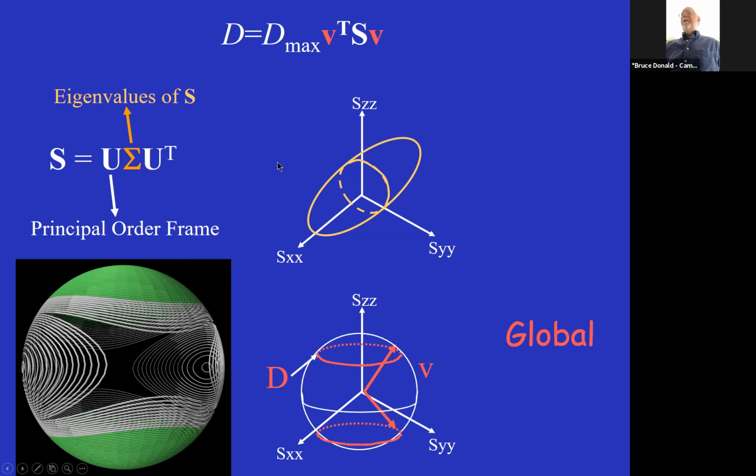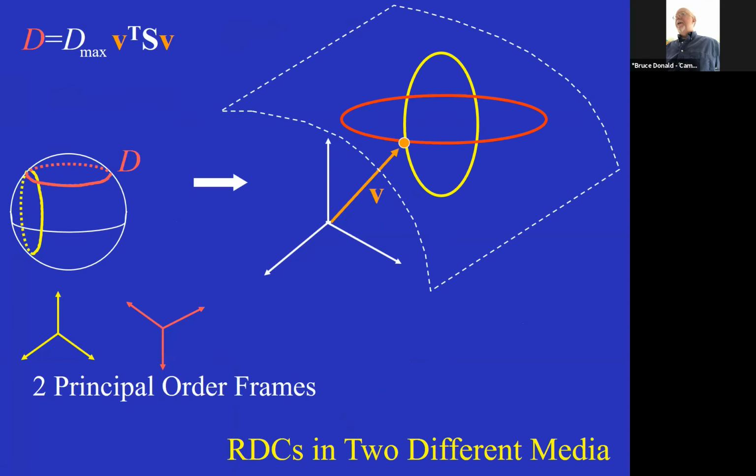If you fix S and just vary D and ask what the curves would be, this shows how the solution curves for the vector V change as I change my dipolar coupling. So a very interesting structure. And each of these curves actually is the intersection of the two-dimensional sphere with what's called a spheral conic. Okay, so this is pretty neat.